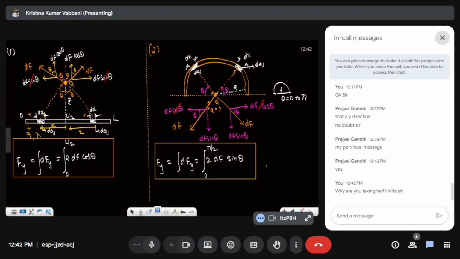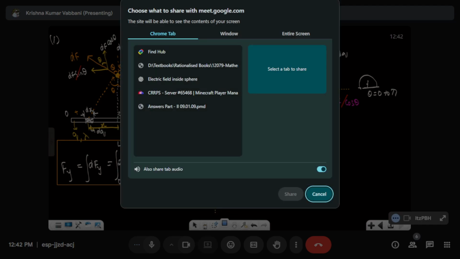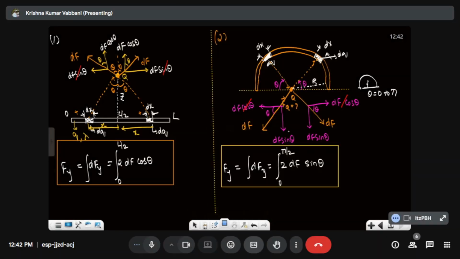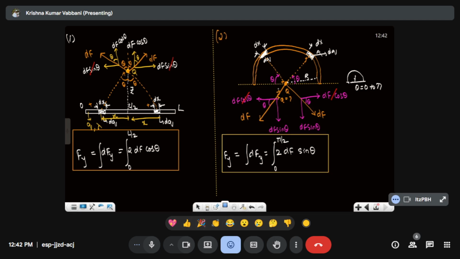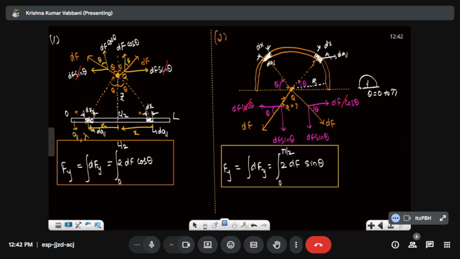So why are you taking half limits, sir? See, actually, Harshit, we can take the full limits also. In the symmetric case, if I take only one direction, meaning one elementary charge, if I wanted to solve it, I can take the full limits.